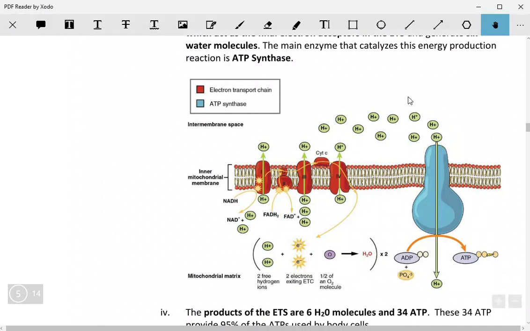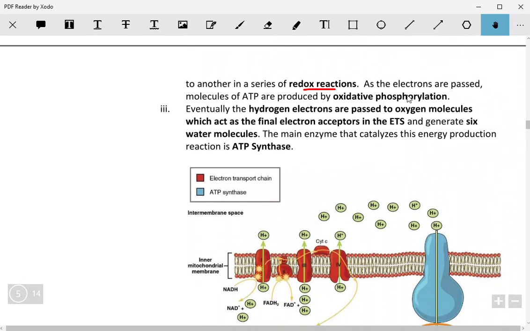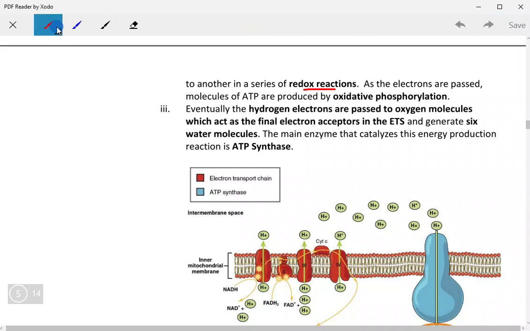So keep that in mind. Key things that are important: your reduced coenzymes are passing on the hydrogen electrons to the cytochromes. Are you following? Once they do that, they're building up a proton gradient on the intermembrane space area. And eventually, the last enzyme, the main one that is going to catalyze this whole ATP production, we call it the ATP synthase.